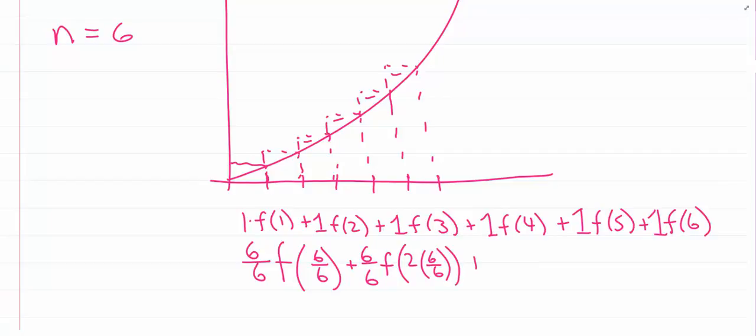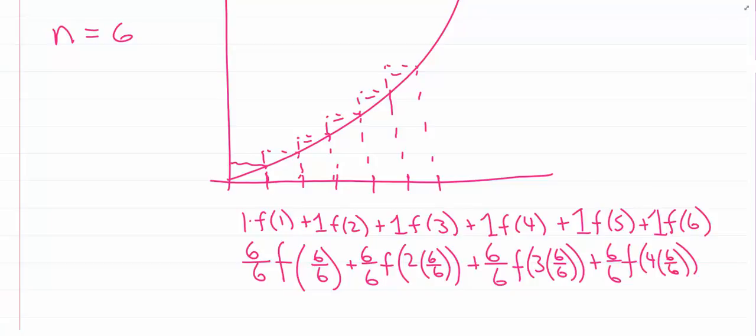Okay. And this next one is 3. Well, let me be consistent here with what I'm doing here. Because what we're doing, this may seem mindless and just absolutely ridiculous, but this is going to be 3 times 6 over 6 plus 6 over 6, 4 times 6 over 6 plus 6 over 6.